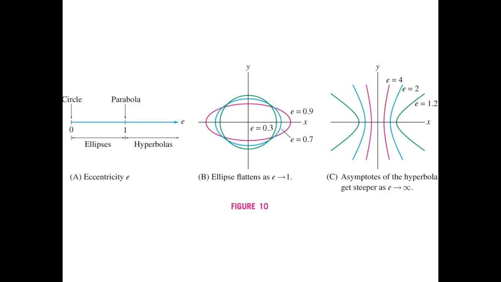But then as you go slightly more than 1, it's sort of like that line starts opening up outward. It flattens, and then inverts and starts opening the other way. So the larger the eccentricity, the more linear the hyperbola becomes.